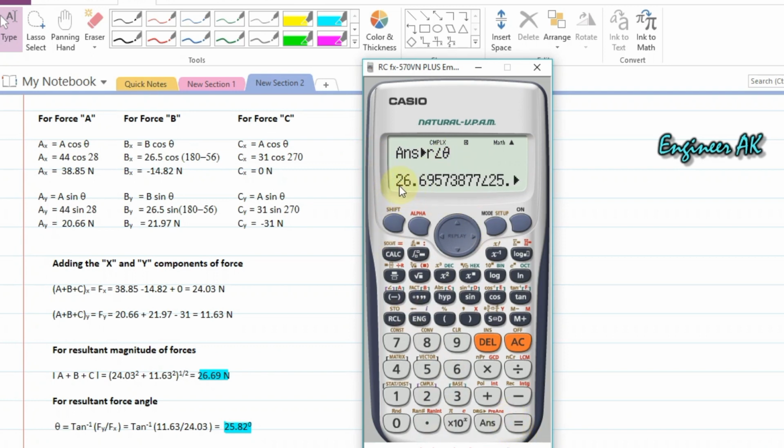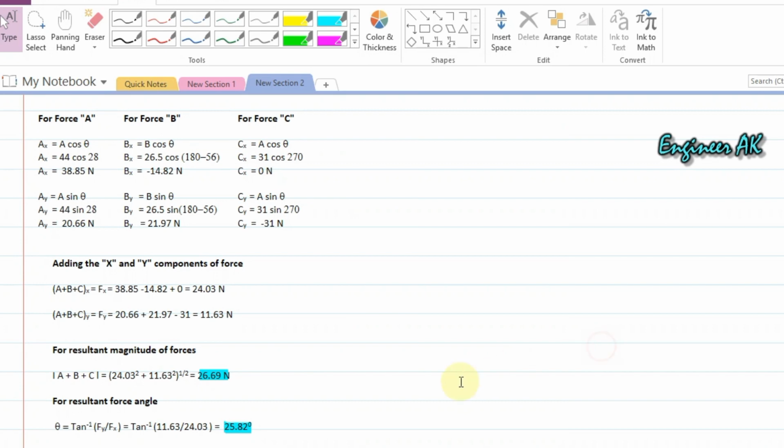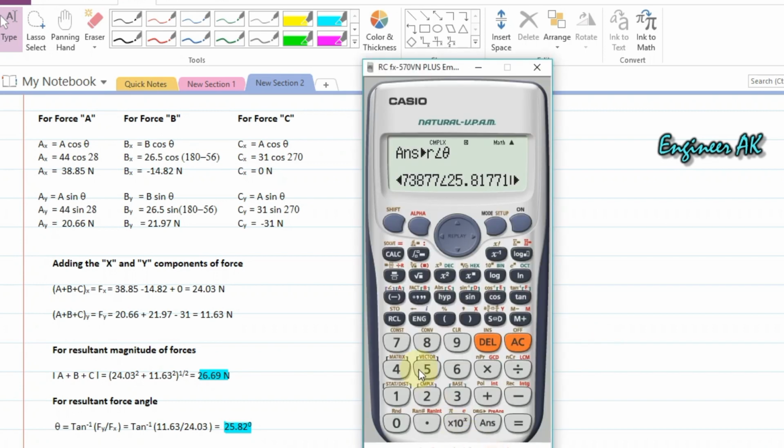This is the magnitude of the force, 26.69, and this is the angle that the resultant force is making with the positive x-axis. Yes, the magnitude is 26.69, and the angle is 25.81, or you can round it off to 2 decimal places, so it becomes 25.82 degrees.